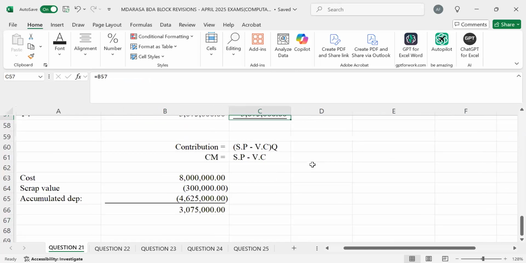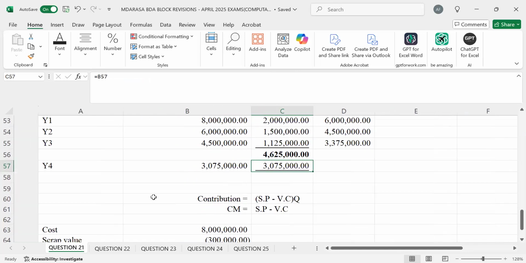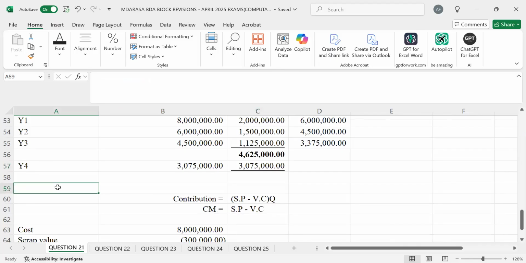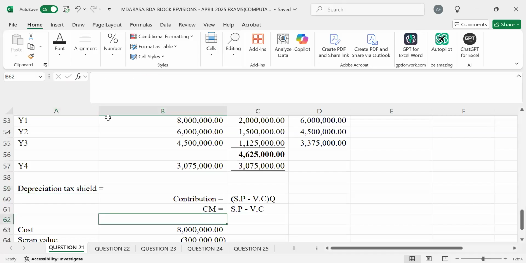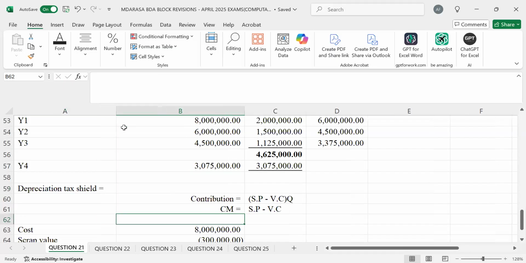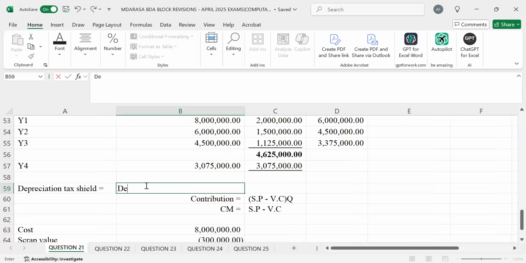Welcome. So regarding depreciation tax shield, if you can recall what Mwalimu said, anytime you're talking about depreciation tax shield, this is what you must always remember: at all times we have to take our depreciation times our tax rate.